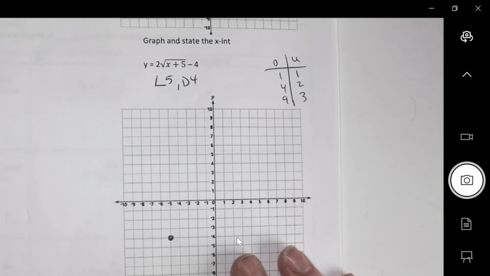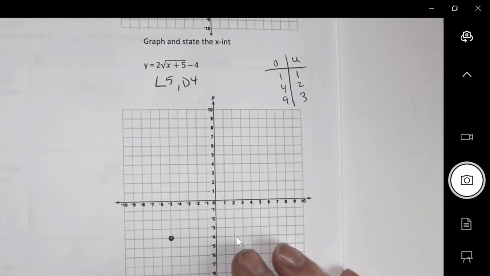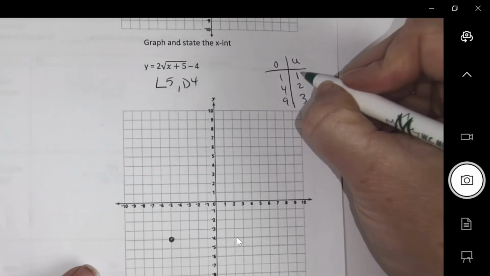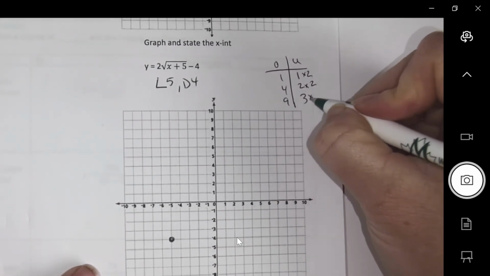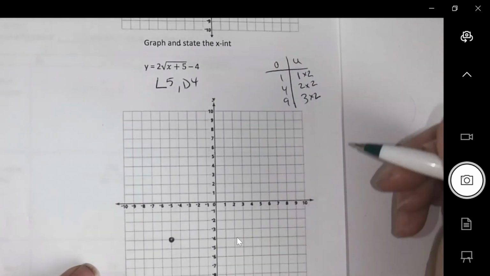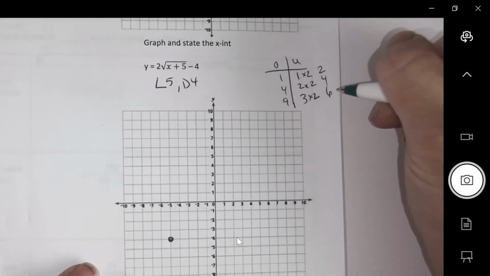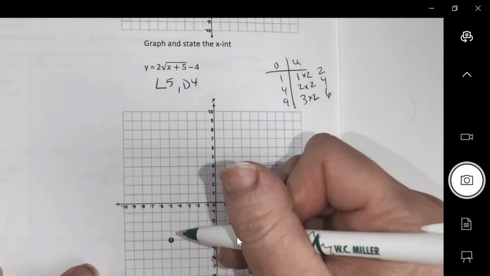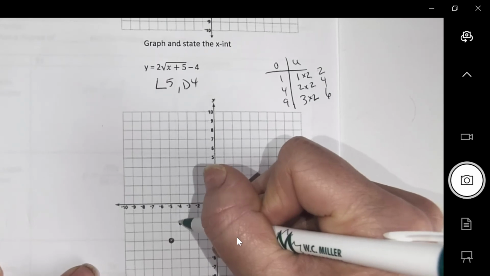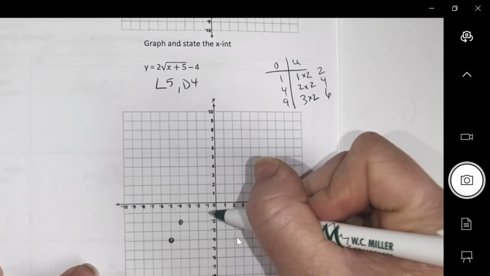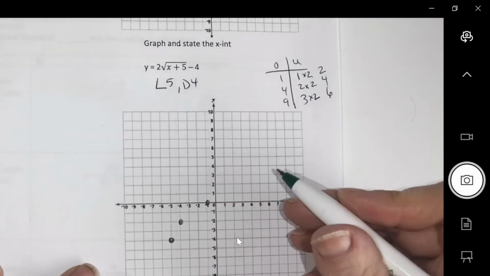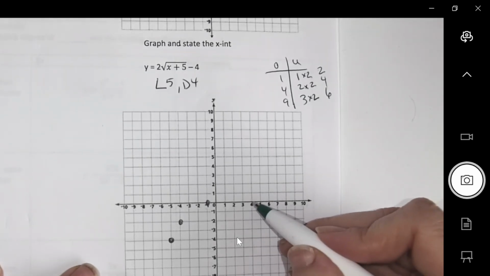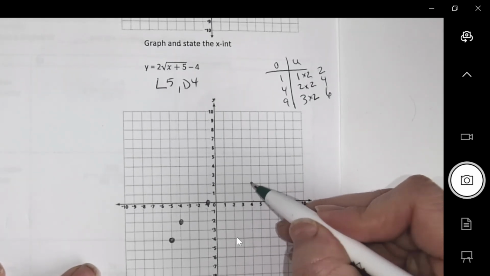Okay, here is my over-up pattern. And on this pattern, I'm going to times y by 2. So I'm going to need to do a 2, a 4, and a 6. So over 1, up 2. Over 4, up 4. Over 9, up 6.